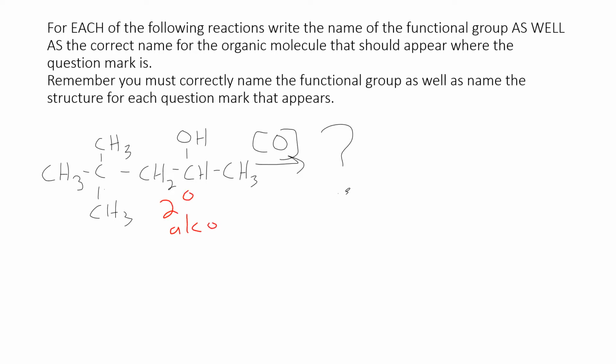So what this problem is really asking is, what are we trying to do to this secondary alcohol? We're trying to oxidize a secondary alcohol. So what do you end up forming when you oxidize a secondary alcohol? Secondary alcohols will get oxidized to form ketones.